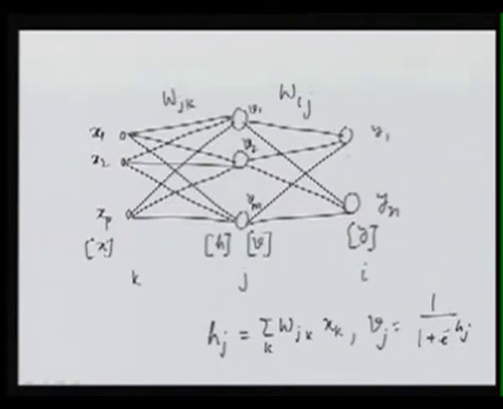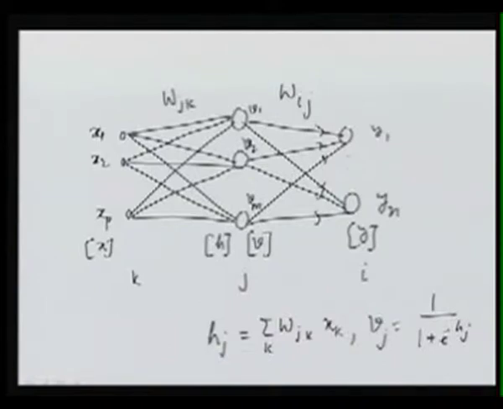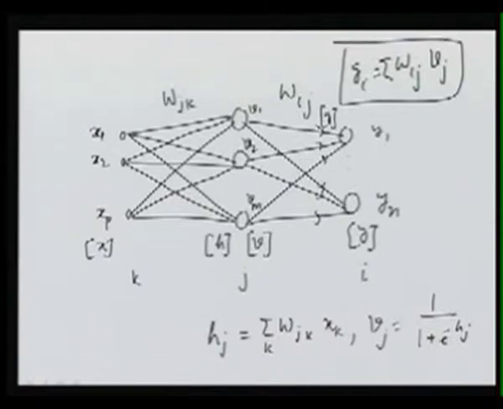And again as usual your output y, it is an n dimensional output, and you add all the V_j. So, V_j is 1 upon 1 plus e to the power minus h_j, where h_j is the sum of w_jk x_k, k equal to 1 to p, and similarly the final response y_i is phi of g_i, which is 1 upon 1 plus e to the power minus g_i, where g_i is the sum of w_ij V_j. So, if I go back here, this I write here as g, that means my g_i is simply the sum over j of w_ij into V_j. Okay.